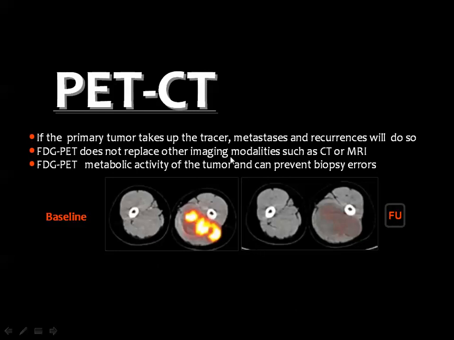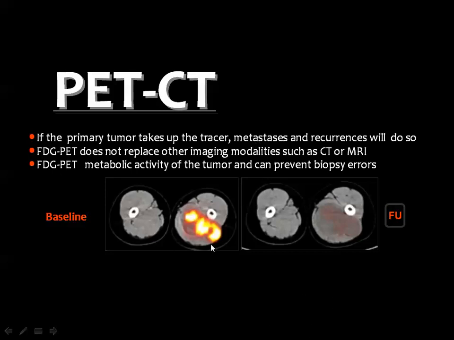PET-CT cannot replace CT or MRI in the diagnosis of soft tissue tumors. PET-CT is only, in my opinion and in the opinion of many, reserved to assess the post-treatment tumor recurrence and also to look for metastatic disease.